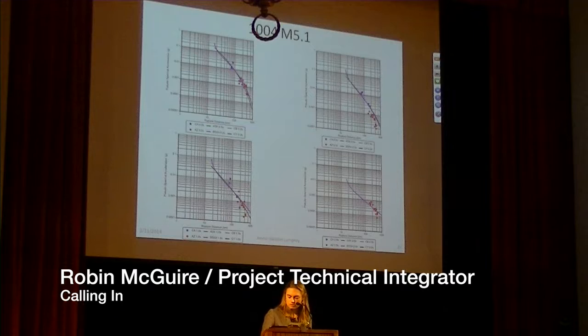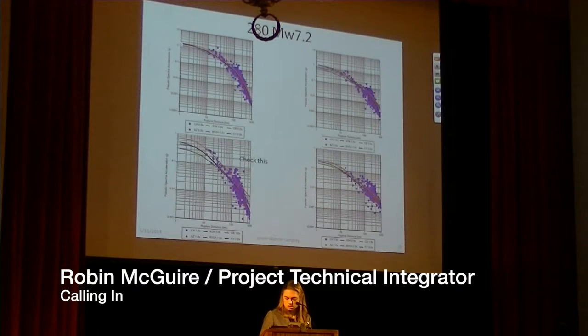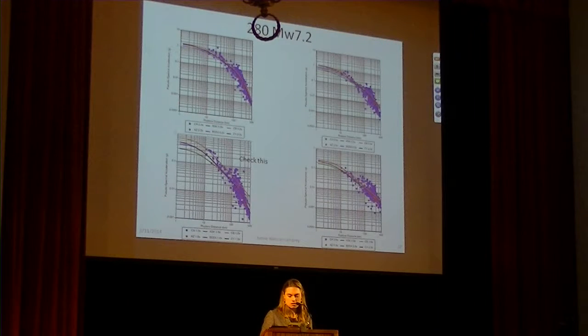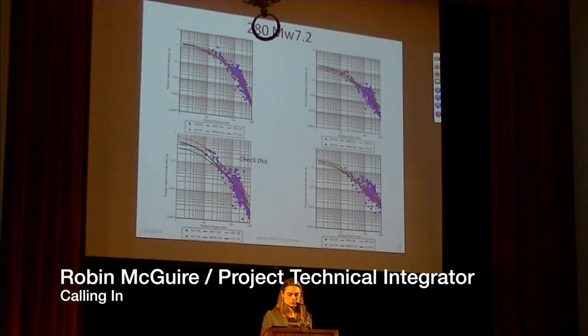That's true for all of them except for 1 second. There's 1, maybe 2 points above the majority of them. Robin, she'll get to the mean misfit in a little bit. Okay, thanks.